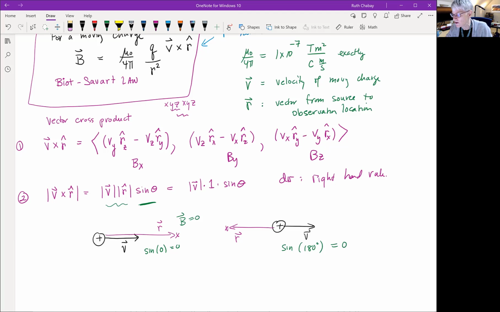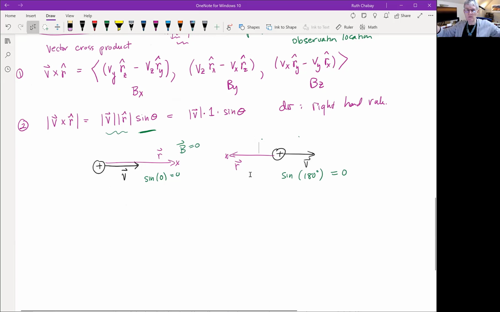So for observation locations out here and whatnot, it'll be the same direction but a little smaller, which is what we saw in that animation of the field due to the moving proton.